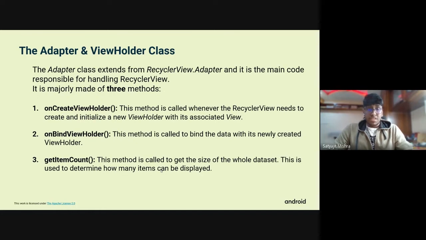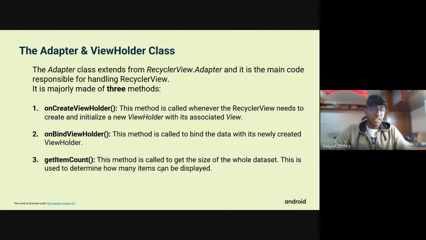These three methods have to be there whenever you implement a recycler view adapter. Don't worry about the naming. These methods will automatically be called, and you can implement them directly in Android Studio. So what you need to know is what happens in each method.